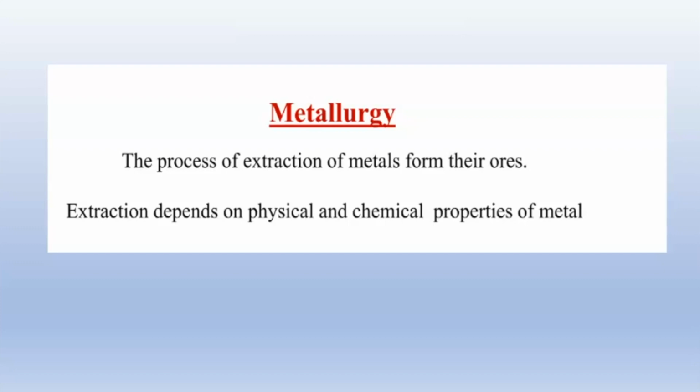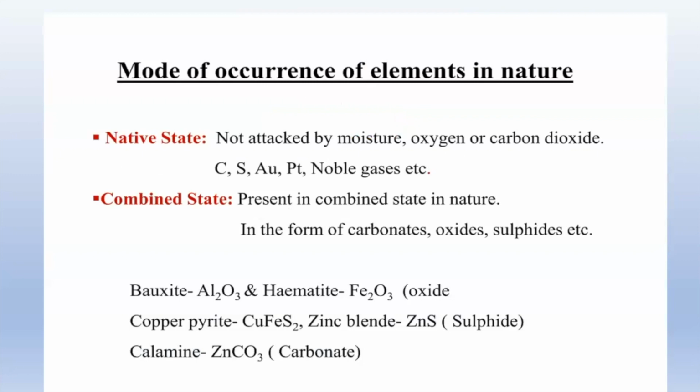When these compounds of the metal are mixed with soil, limestone, sand, and rocks, they are known as minerals. And these metals are commercially extracted from minerals at low cost and minimum effort. These minerals are known as ores. The modes of occurrence of elements in nature are in two states, namely a native state and a combined state.